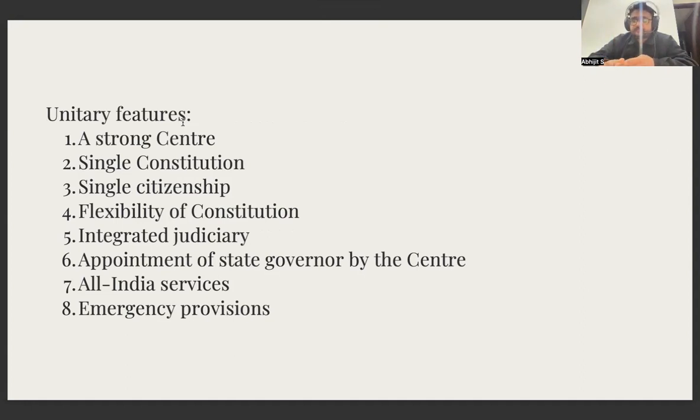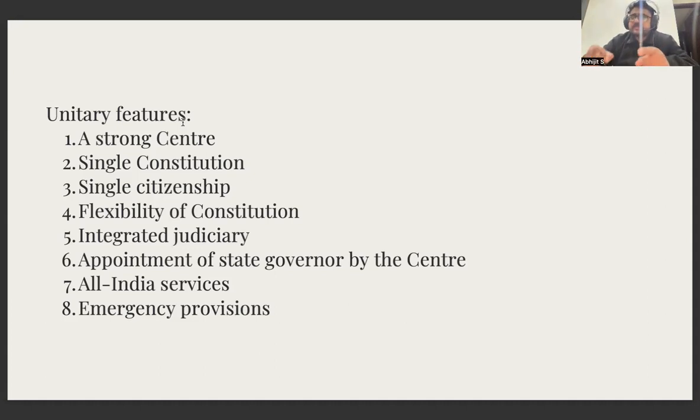Flexibility of the constitution, which means that there is only one entity that can amend the constitution. If the amendment is to affect the federal structure of the Indian state, or for multiple other reasons as well, then the different federal units of the Indian state will have to ratify, or at least 50% of the states will have to ratify that particular amendment to get it passed.